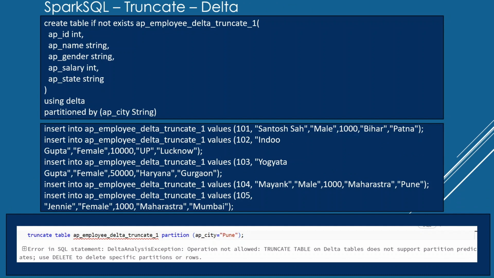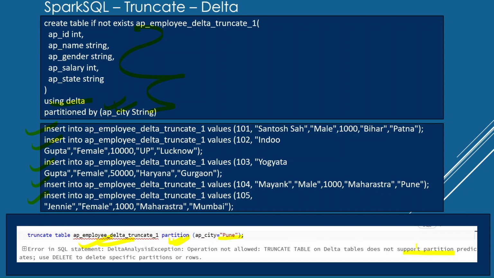In this exercise, I am creating a delta table. The code would be the same, and here we have inserted some records in it. Once the insertion has taken place, we are going to truncate this delta table with the help of a partition, because here we have created a partition on city. But a delta table will not allow truncate of a particular partition.